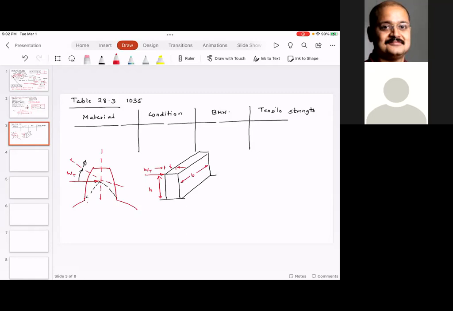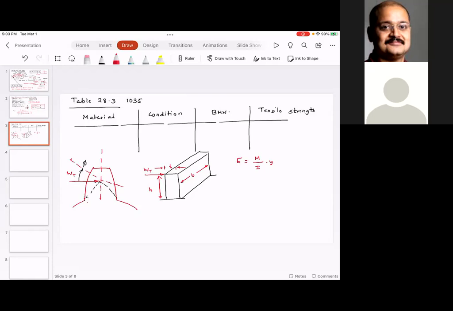So what I'm going to do is, I'm going to use the equation for bending. Sigma is equal to M divided by I multiplied by y. You agree with me? I'm just looking at the gear tooth as a simple beam of rectangular cross section that is loaded by WT, and that is going to bend at the base.